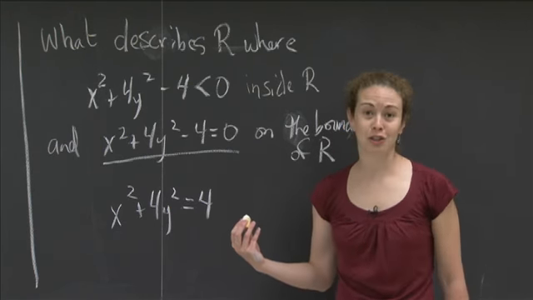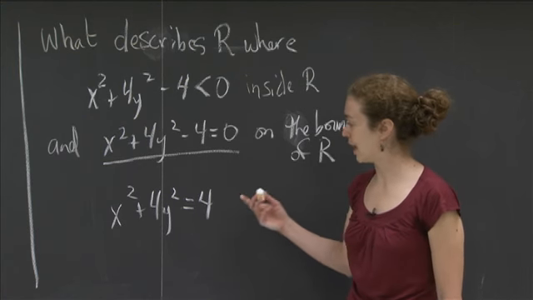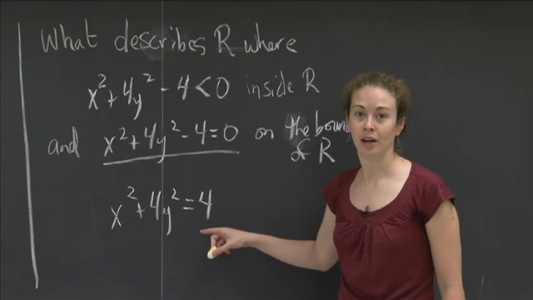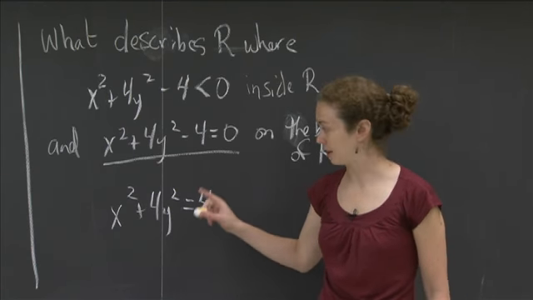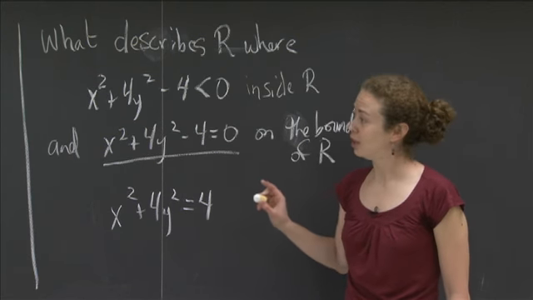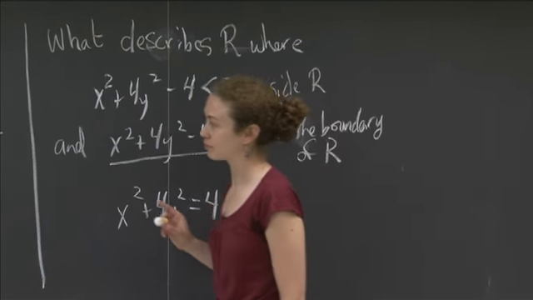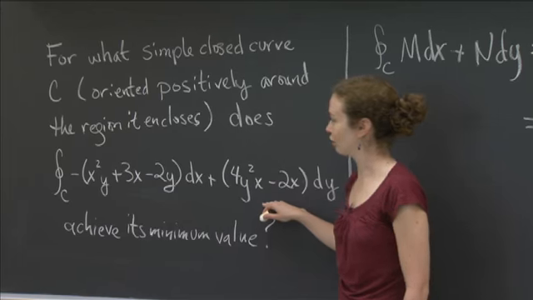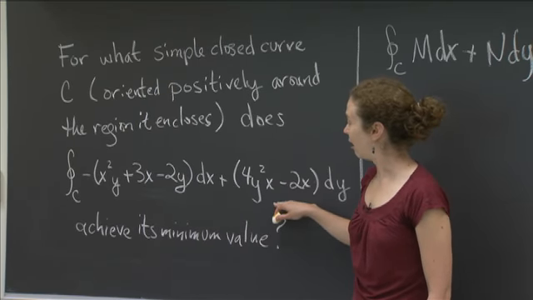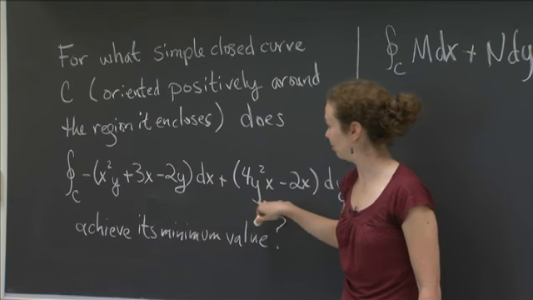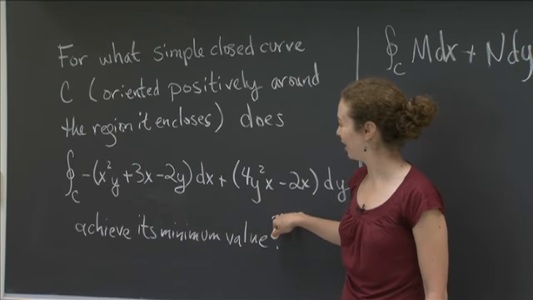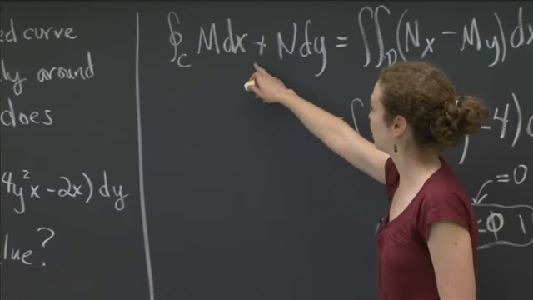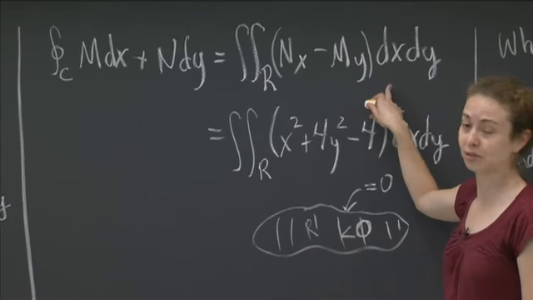But the boundary of the region is just C. So C is exactly the curve carved out by this equation on the xy plane, and that's an ellipse. To remind you what we were trying to do: we were trying to minimize a certain integral over a path. Instead of looking at a bunch of paths, we used Green's theorem to change it to an integral over a region.